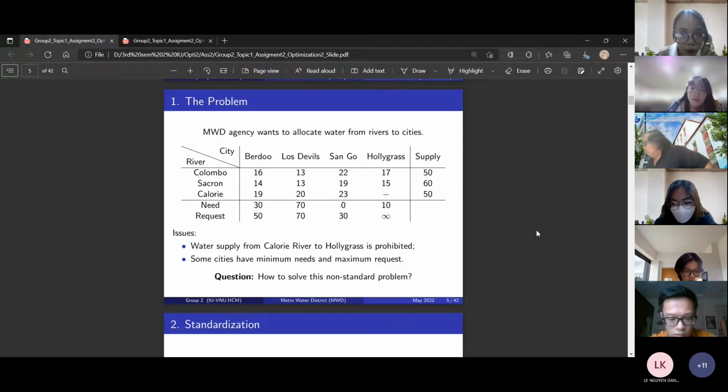For example, the water supply from Calgary to Holy Cross is prohibited, so the transportation cost from Calgary to Holy Cross does not exist. Also, each city has not only one demand as in the standard form, but also a minimum need and a requested amount. You can see here that Purdue needs at least 30 and can receive up to 50, for instance. And we will now attempt to solve this non-standard problem.